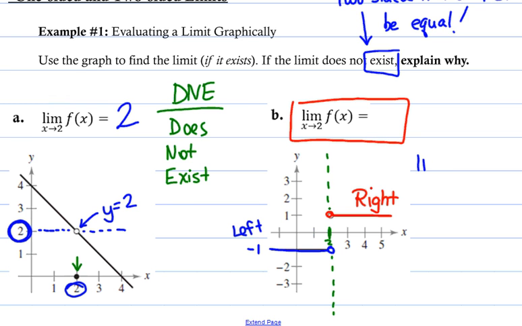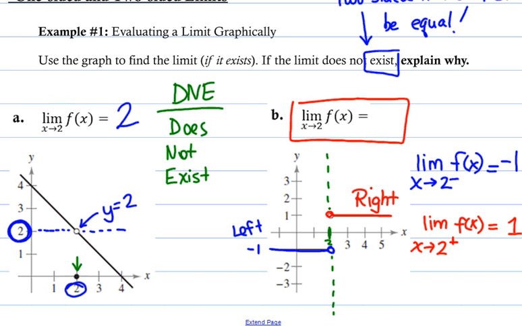So the limit of f of x as x approaches 2 from the left side, and this is how we denote the left: we use a negative symbol, which tells me I'm coming from the left side. That limit is -1. Now, the limit of f of x as x approaches 2 from the right side, and the way to denote right side is a little plus, that is positive 1.